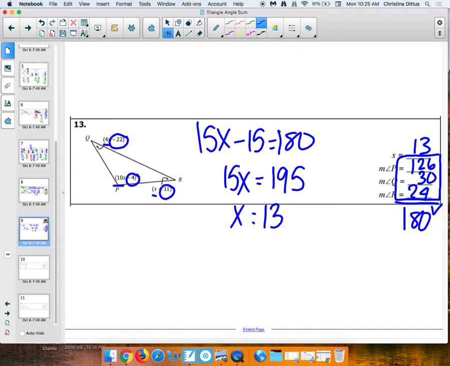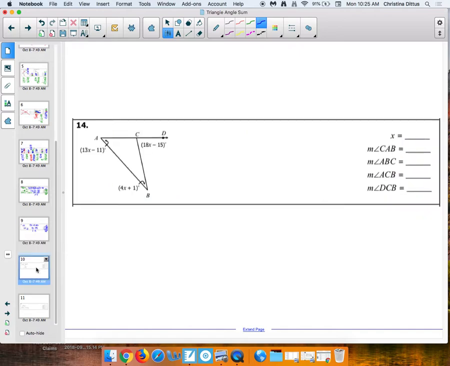The last two that we have are exterior angles. Remind me what I know about my exterior angles and my two inside angles that aren't next to them. They're the same or something. What do I do with these two? Add them.